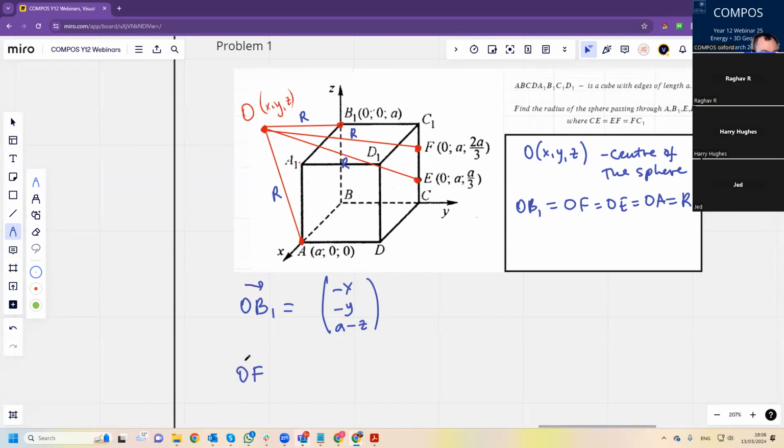Vector OF is equal to minus x, a minus y, 2a over 3 minus z.